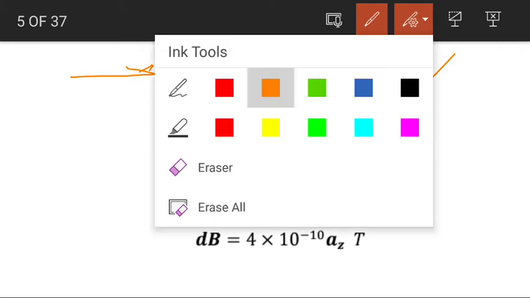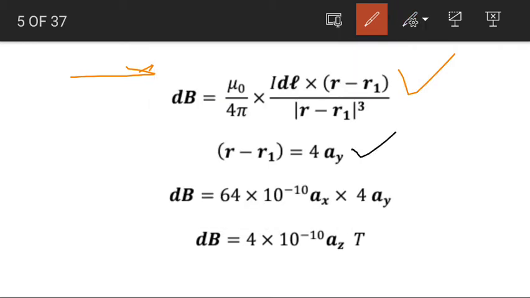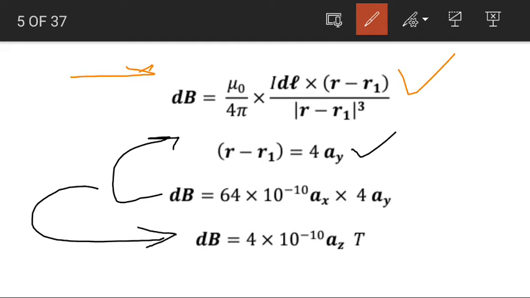And you see R minus R1 is 4 AY. So if we put the values in this particular equation, the differential magnetic flux density will be equal to 64 into 10 raised to power minus 10 AX into 4 AY. And if we simplify this equation, the differential magnetic flux density turns out to be 4 into 10 raised to power minus 10 AZ Tesla.